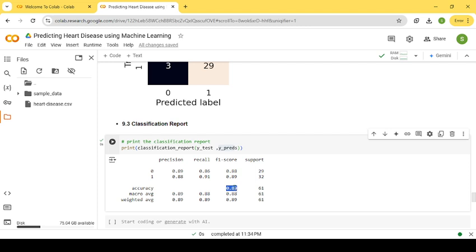The accuracy is the overall correctness of the model, calculated as the number of correct predictions divided by the total number of predictions. We were talking about the accuracy for each of the models when we were also doing the model tuning. So this is the main measure that we were using.